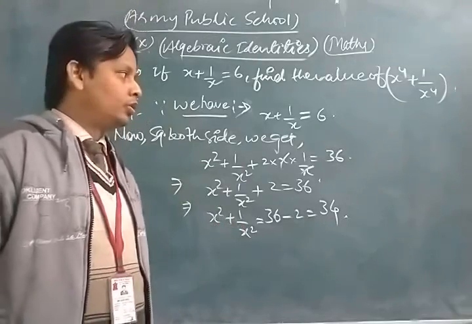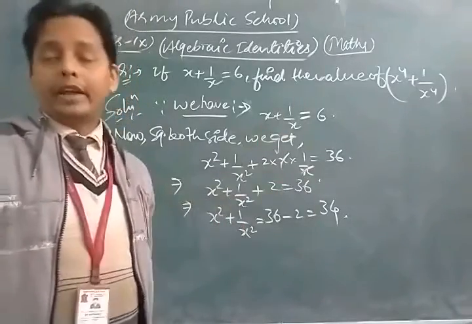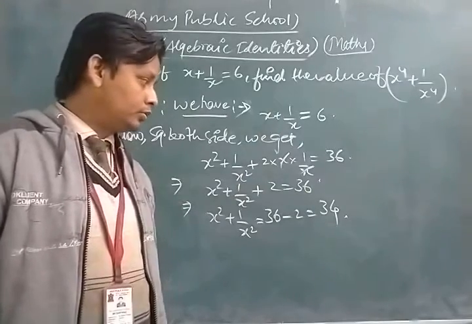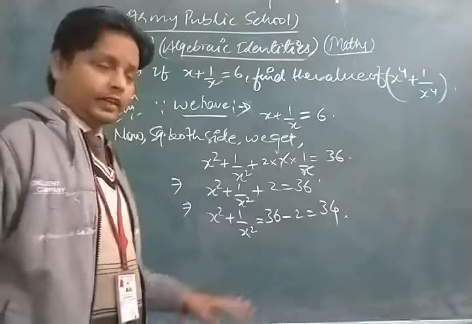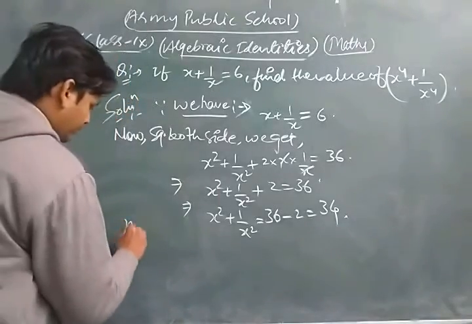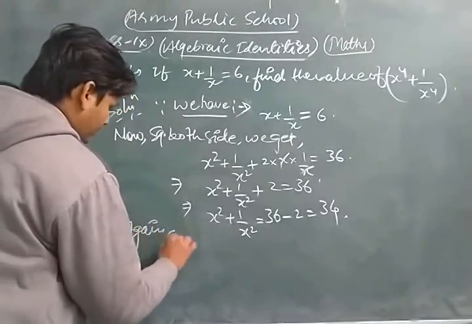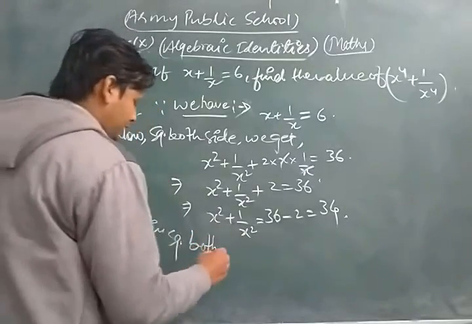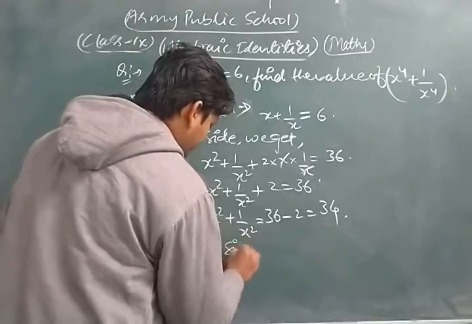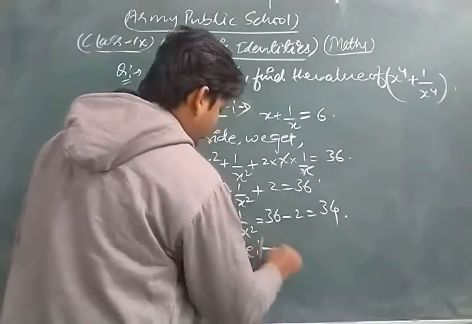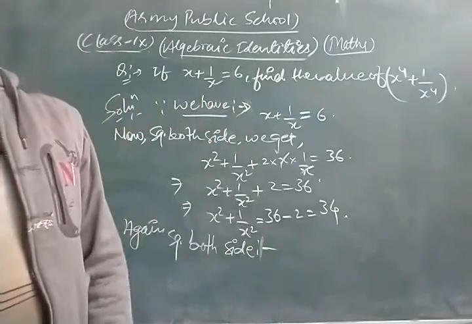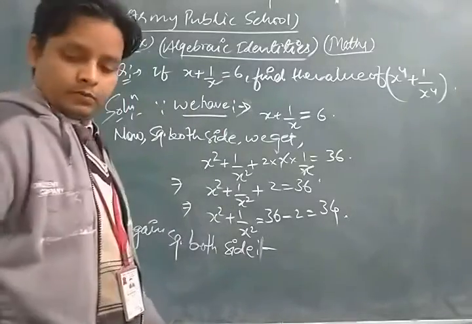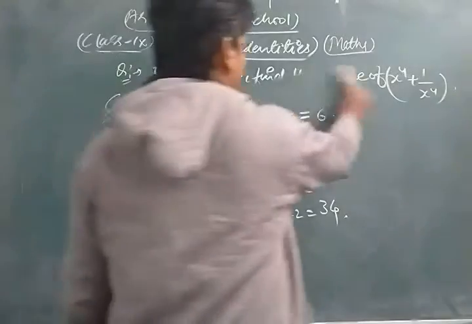Now, based on that we find the value of x to the power 4 plus 1 upon x to the power 4. So for that, what do I do? We again square both sides.